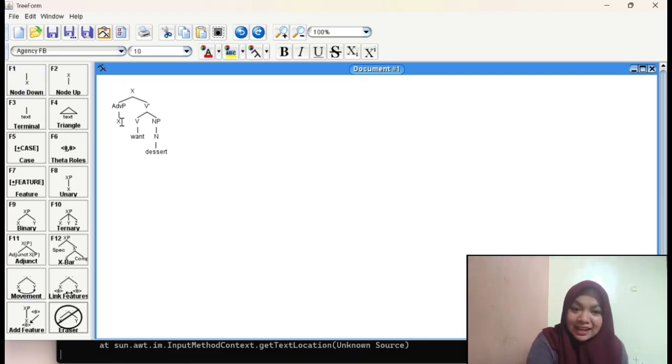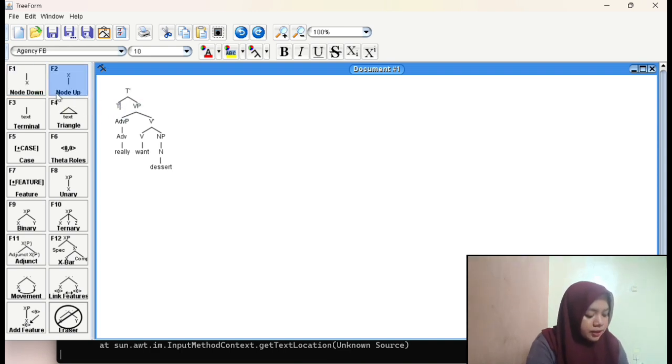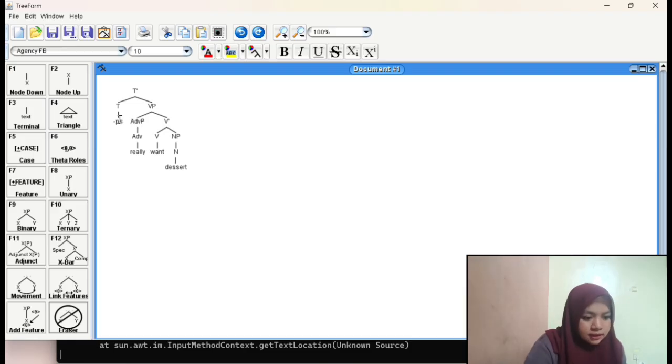Is it past tense or present tense? We still don't have a complete tense, so we will use T-bar. We use bar again, and then T, so it is present, so it would be minus PST. This is the head tense phrase.